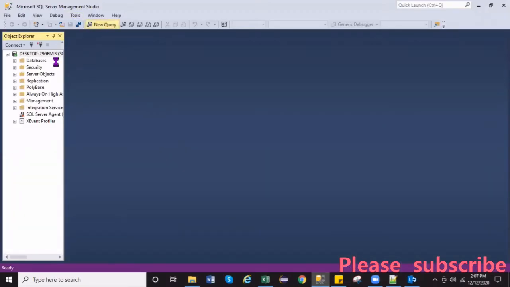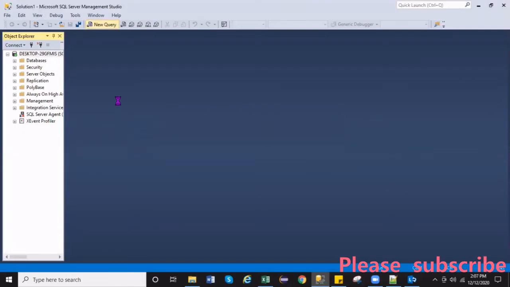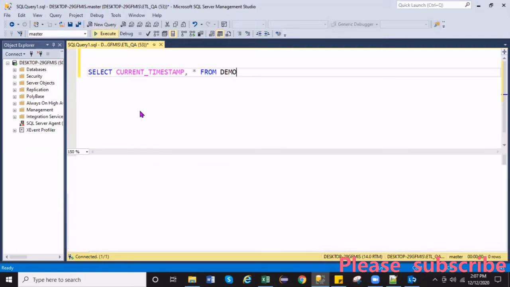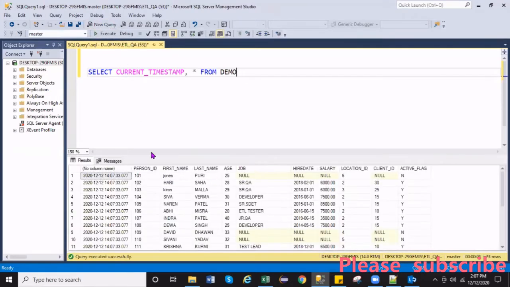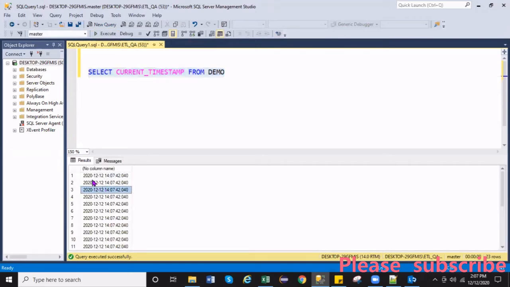Let me open my database. If I run this query, let me make it a little bit bigger. Let me get only one column, I don't want all. If you see, today is 2020, 12, 12, 14, that means about 2 o'clock, right?